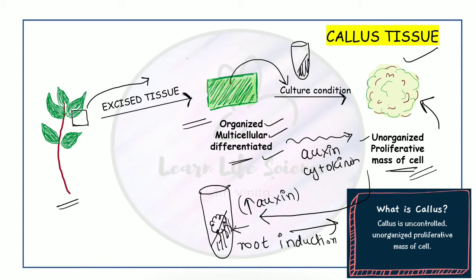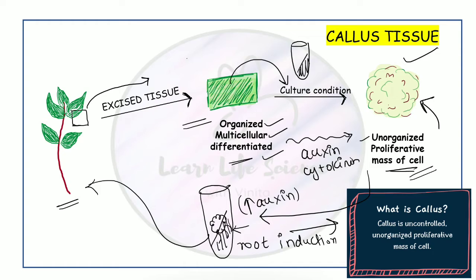Okay, if you want to perform shoot induction, you can use a high concentration of cytokinin as compared to the auxin. In this manner you can induce shoot and root, or the entire plantlet. The entire plantlet will be just the same as the mother plant. Okay, I hope you got this concept.